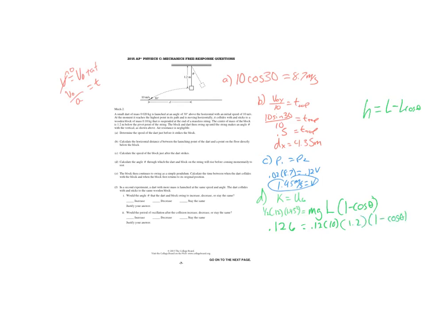We're going to solve for that in just a second. Minus 2 times 10 times 1.2 is negative 1.31, 1 minus cosine theta. Now we're going to solve for cosine theta.